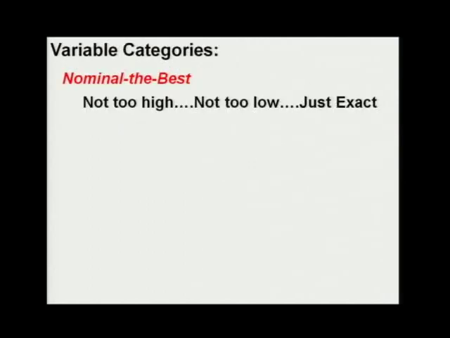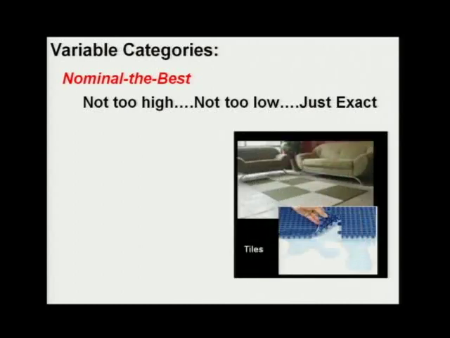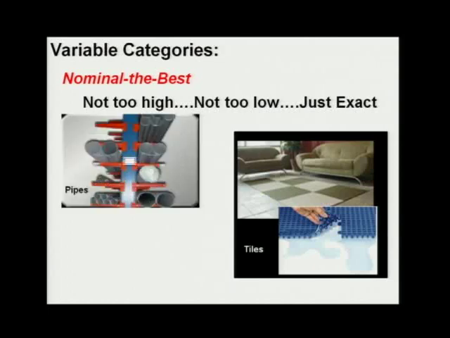A nominal the best variable is a variable that should have values that are not too high and not too low, just exact. For example, if we are talking about ceramic tiles or any other types of tiles, when we purchase tiles, we expect them to have well-defined dimensions, not above and not below the exact dimensions.